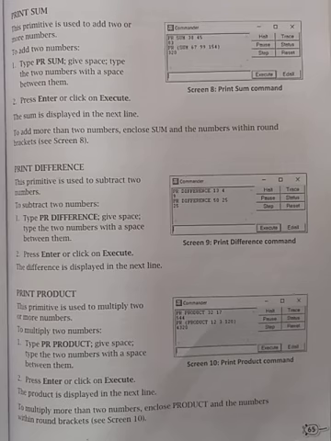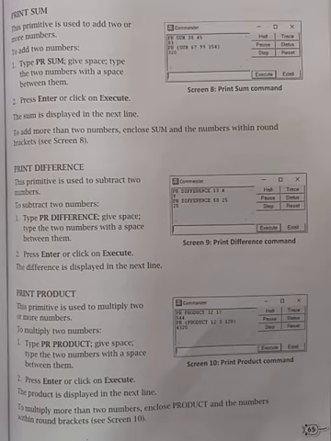Now if we want to add more numbers, for example 3 numbers, 4 numbers, 5 numbers, then simply write these numbers in the round bracket. For example, as given on the screen, PR space, give bracket, then sum space number, then bracket close.